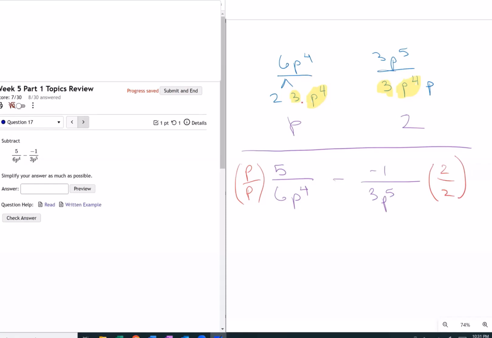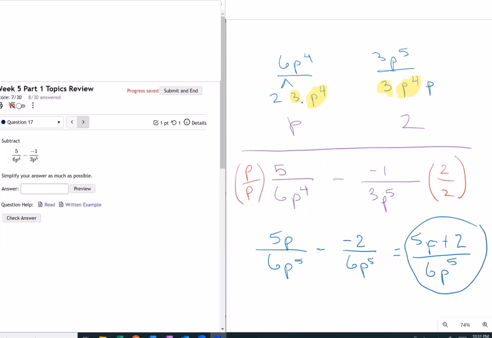What does that give me? 5p divided by 6p to the 5th minus 2 over 6p to the 5th, which is equal to 5p minus, is plus 2, divided by 6p to the 5th. And that would be my final answer.